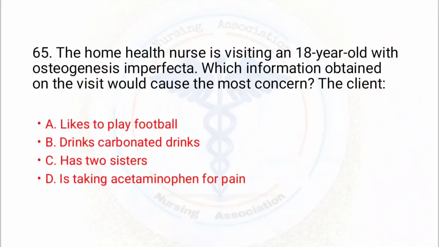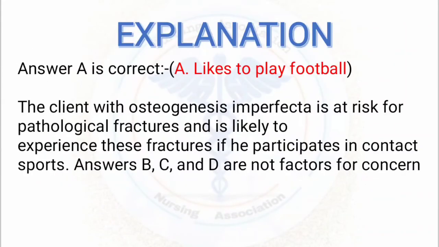Which information obtained from the client will be the most concern for the nurse in this kind of situation? The correct answer will be likes to play football, because the client with osteogenesis imperfecta is at risk for pathological fracture and is likely to experience a fracture if he participates in contact sports. Options B, C, and D are not factors of concern in this kind of situation.